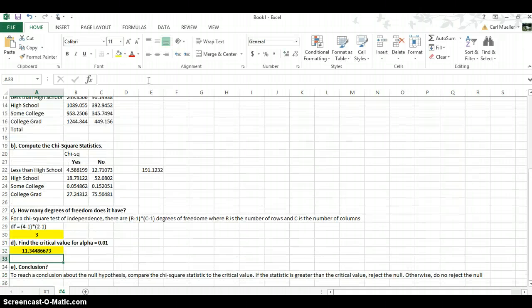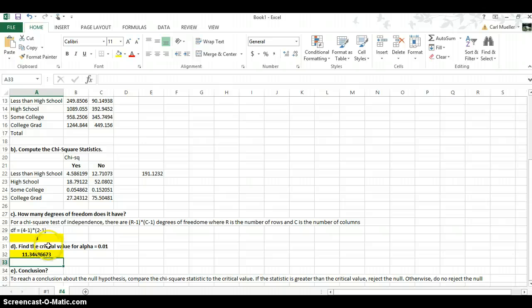So what's the conclusion that we can draw from this? What really helps us is these degrees of freedom, our chi-square up here, our total, and the critical value here. To reach a conclusion about the null, compare the chi-square statistic to the critical value.